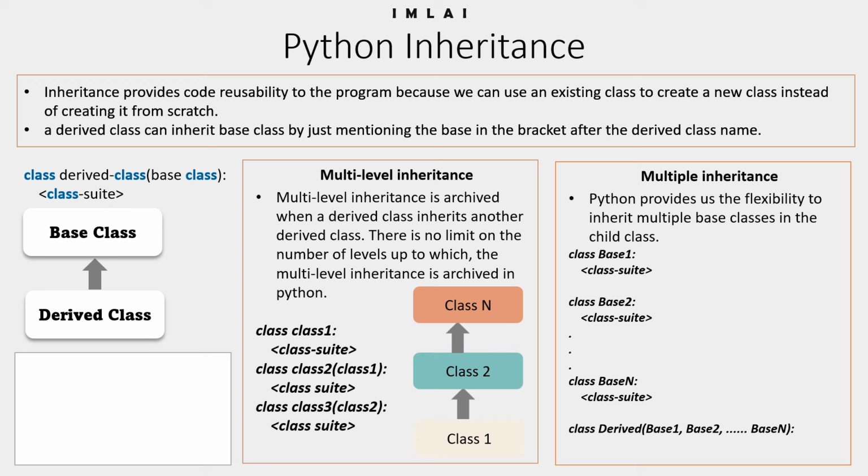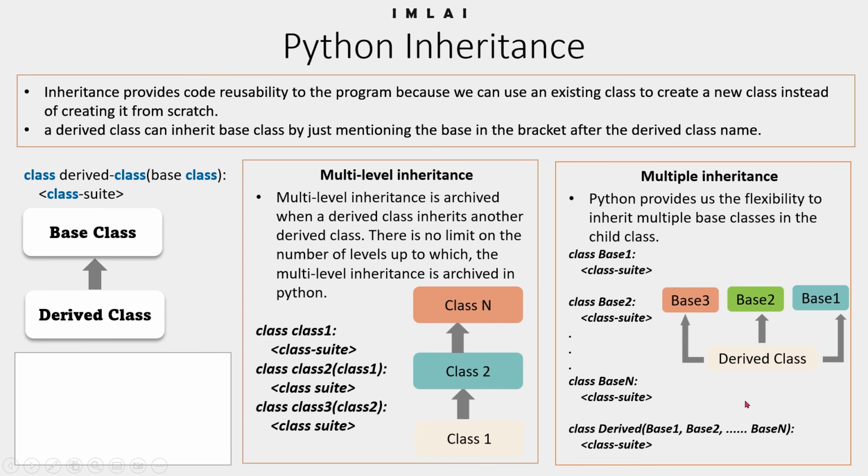So that is the difference between multi-level and multiple inheritance. I will show you in a pictorial way so that it will be much clearer. We have a derived class, and we'll take three base classes: base 1, base 2, base 3. This derived class is inheriting from base 1, base 2, and base 3, but these base classes have no connection at all with each other.